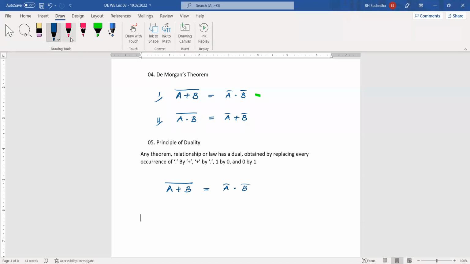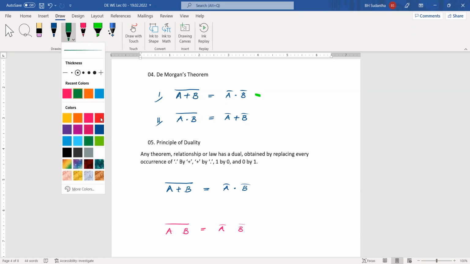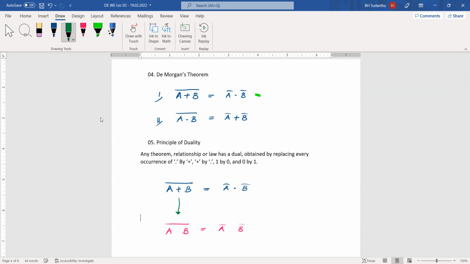Then we can write it this way. The A is there, B is there, and all these things are there, and A bar, B bar. Now we have to replace this plus by dot, and replace this dot by plus.